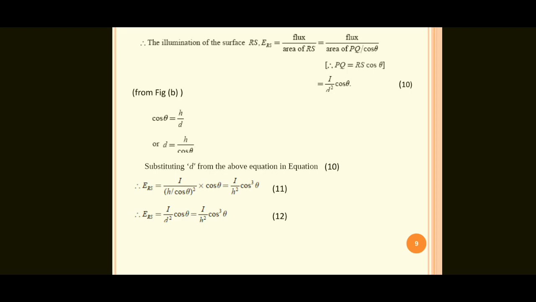So these two are the important equations. One is I by d square cos theta, and the second one is I by h square cos cube theta. Here theta means the surface is inclined at an angle theta to the line of flux.